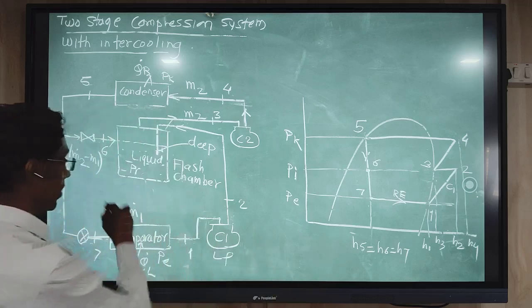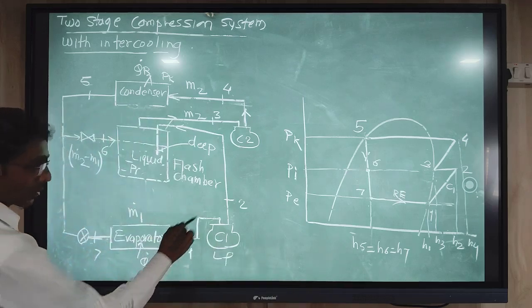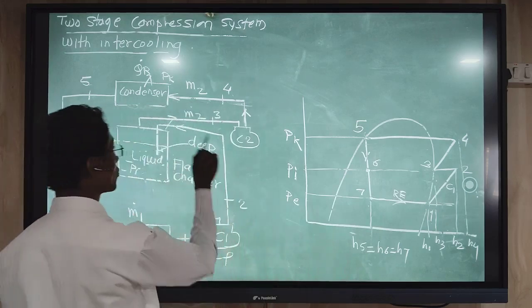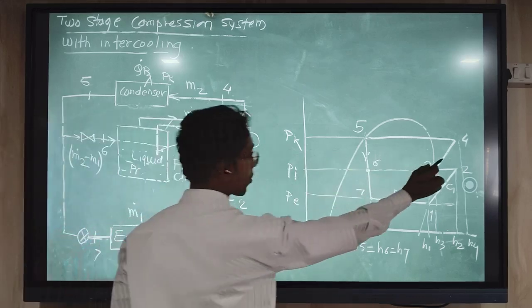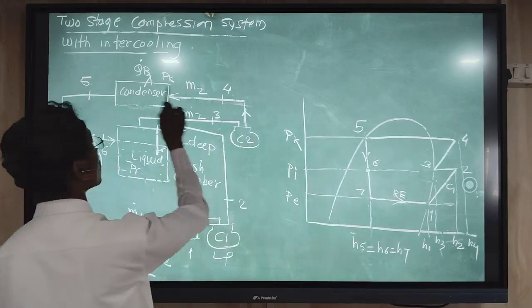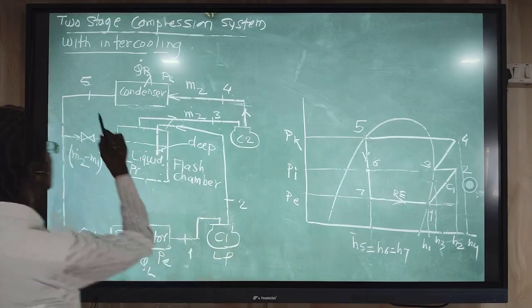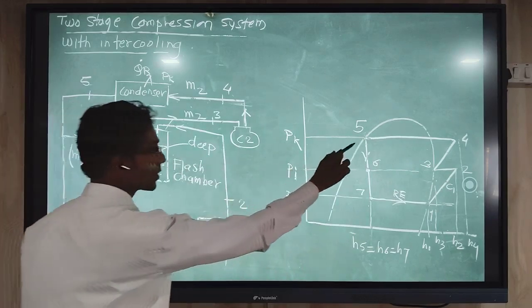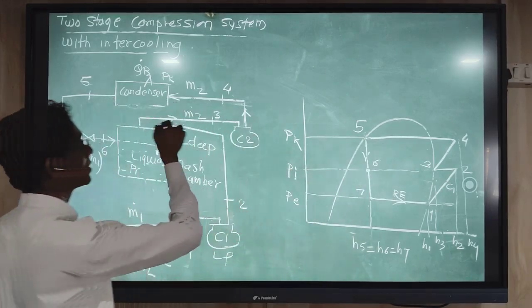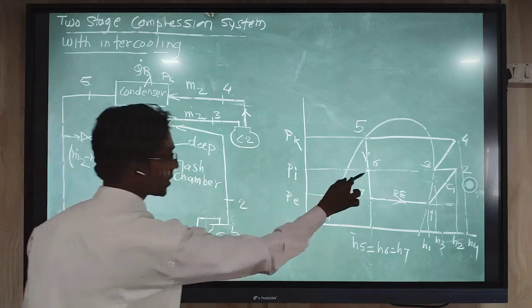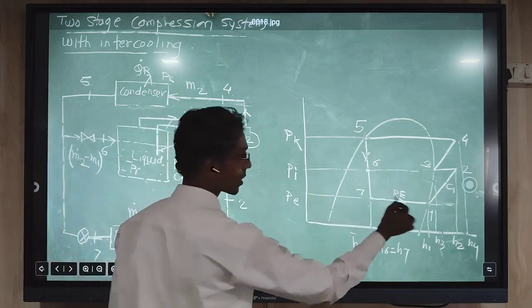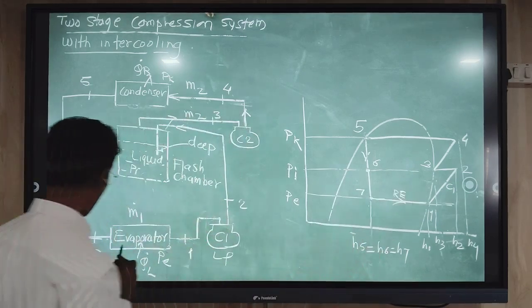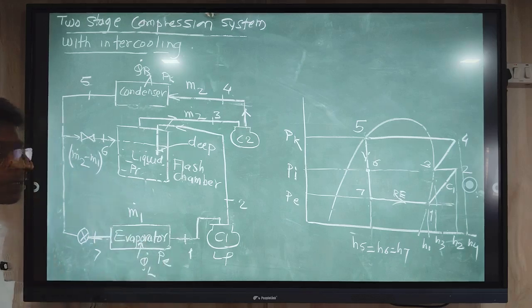In this way, you can see points 1 to 2 is compression, 2 to 3 is intercooling, 3 to 4 is compression at high pressure, 4 to 5 is condensation, 5 to 6 is expansion to the upper envelope, that is the second compressor envelope, 6 to 7 is the expansion to the low pressure compressor envelope, and 7 to 1 is evaporation in the evaporator.